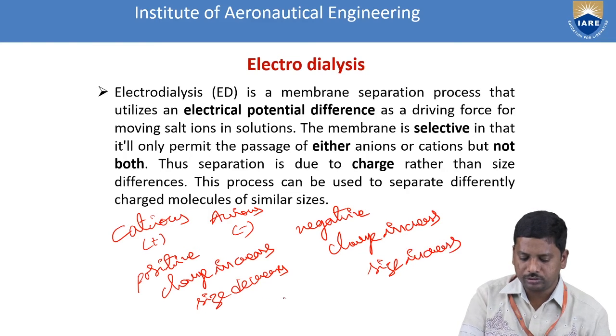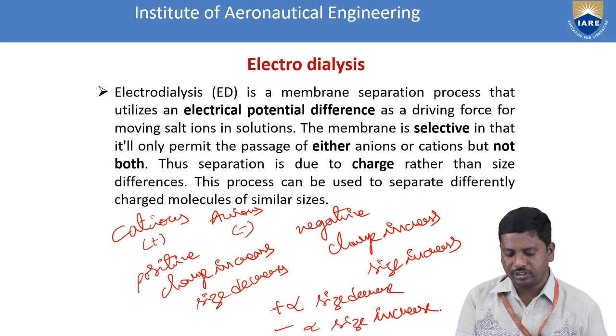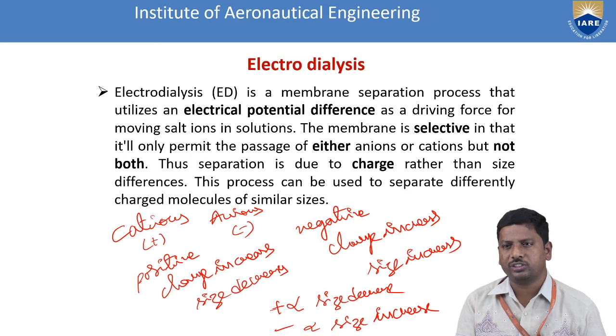That means positive charge is directly proportional to size decrease, and negative charge is directly proportional to size increase. That means from the potential difference between the ions, that may be either positive charge or negative charge, depending upon the size of the particles, they can migrate towards their respective membranes. So this is the main phenomenon that occurs in electrodialysis under applied EMF.